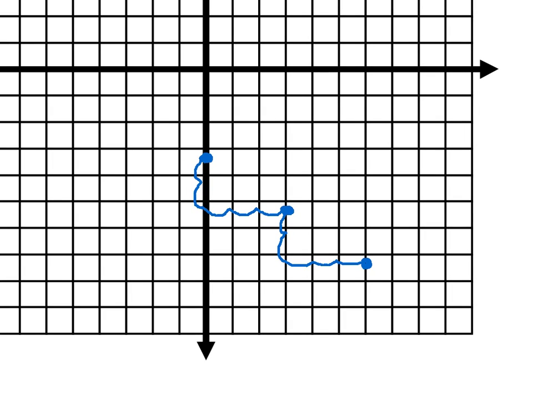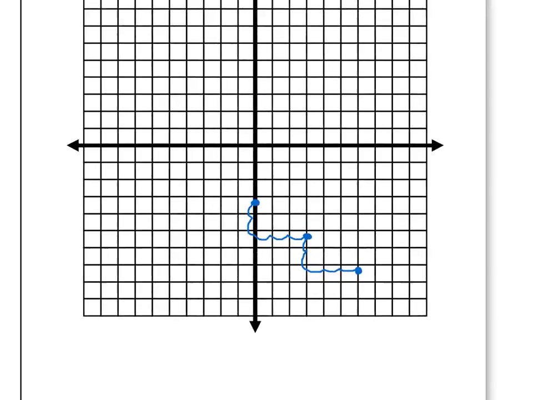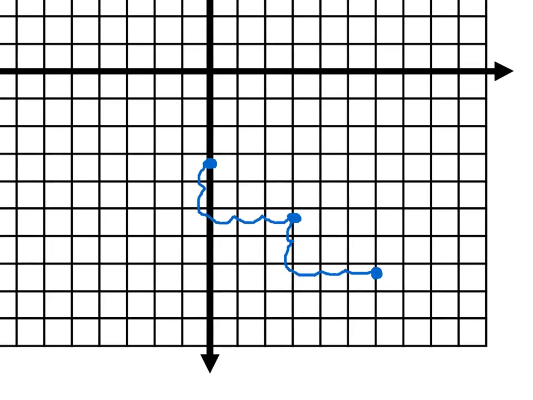This is one way I could have graphed a line. What's the other way that might have actually been better and easier for this line? Katie? Yeah, using the point. So the point that we're given is 4, -6. Over 4, down to -6. Rise -2, run 3.